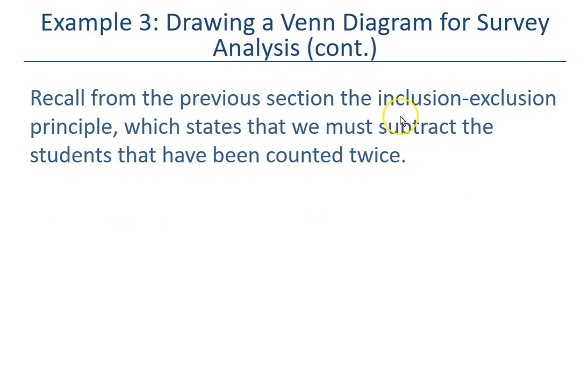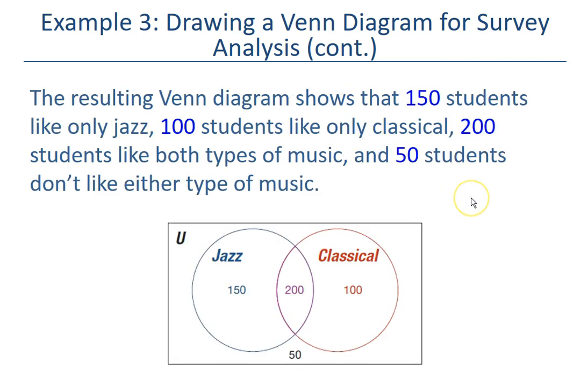Now remember the inclusion-exclusion principle. We can't repeat things. So in doing something like this, what you would have to do first, students that like both types of music, you'd have to put that as the intersection.